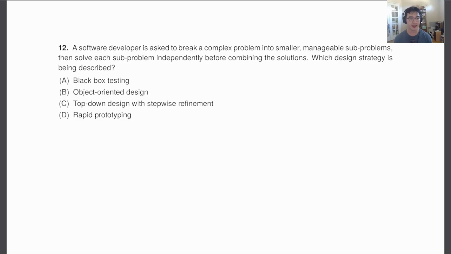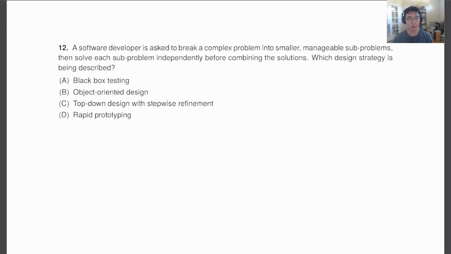Just looking at those words, it seems like you start from the top, you keep designing downwards, and you refine as you go. It's a pretty high-level strategy. You start high level, and you keep breaking it down into smaller problems until you reach something that you can solve.